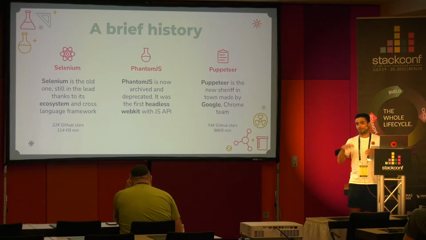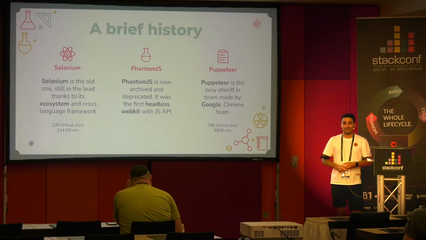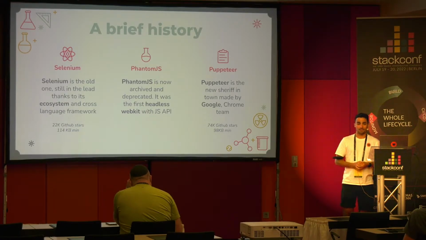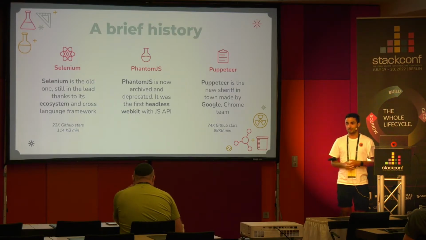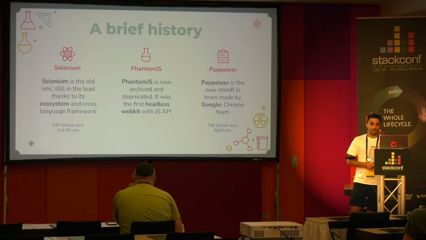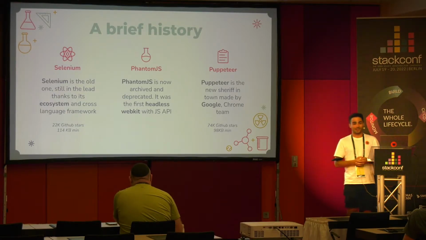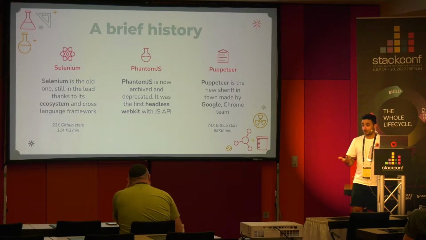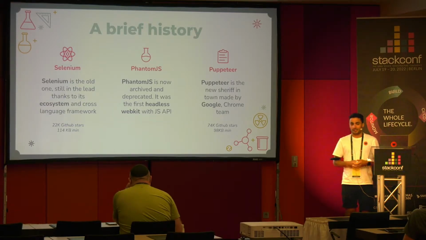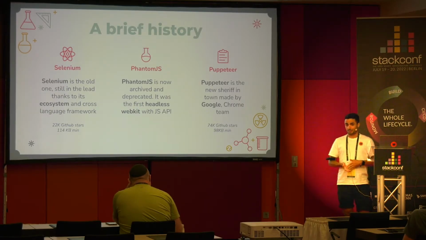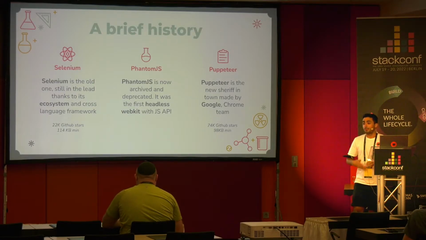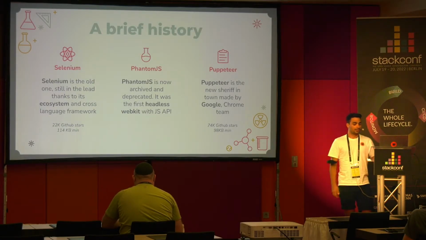After Phantom.js, a lot of libraries start to be around, especially on GitHub, because everything is open source, like Puppeteer, that is created by Google, maintained by Google, but of course, it's open sourced. It's kind of a new sheriff, because if we compare the GitHub stars as a measure, we can say that Puppeteer now is more popular than Selenium. It's not right to say that, because of course, there is a lot of code base still running Selenium, and some new ones that maybe run Puppeteer compared to Selenium.